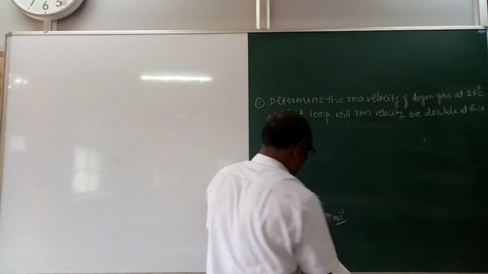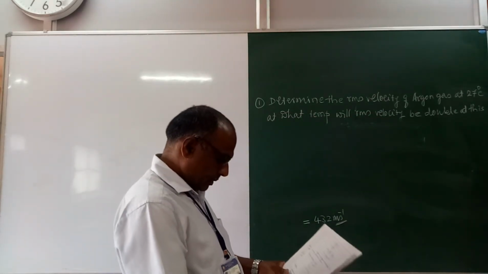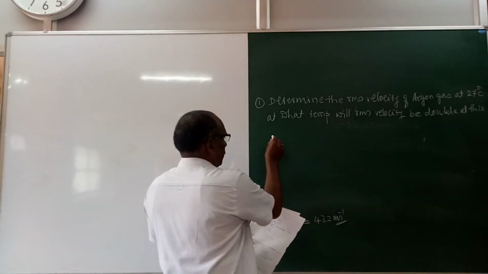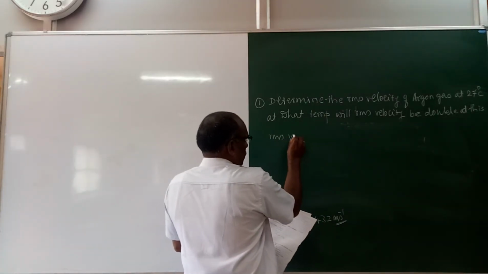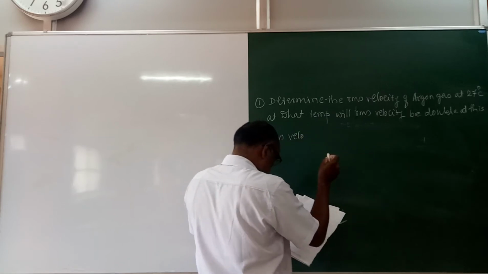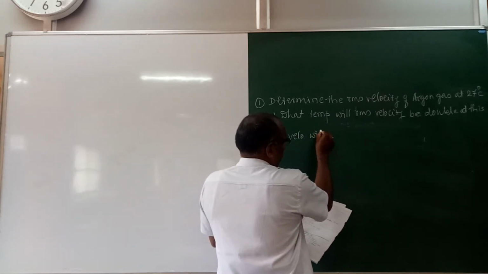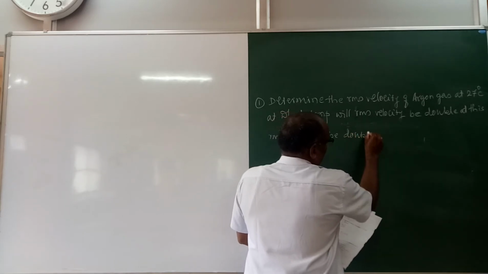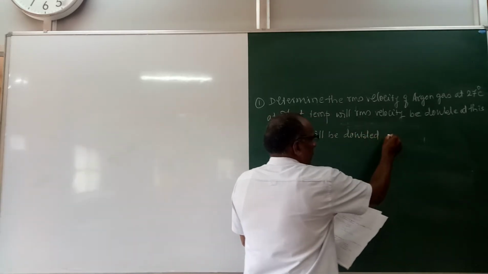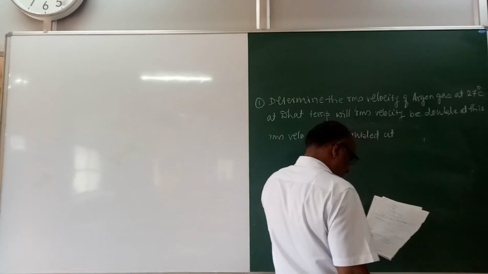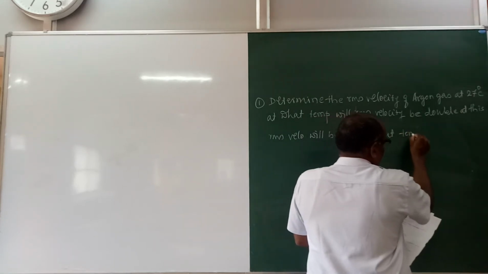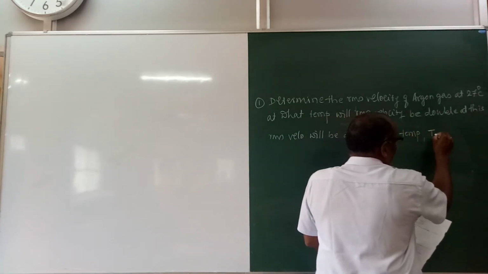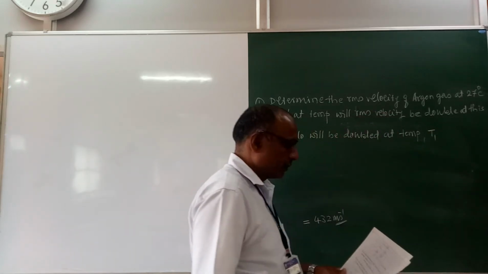I'll keep this 432 RMS velocity, I'll write in short, will be double. This is one data, double at some other temperature, that is T1. I'll take this.